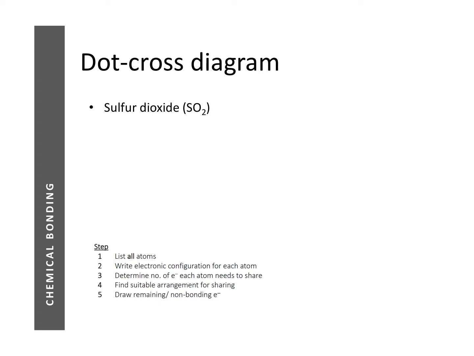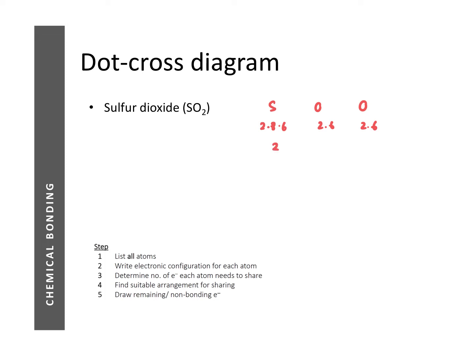Now we'll once again apply the steps that we have learned in the O-level syllabus to another molecule, SO2. This is also an example where we find that the steps that we have learned no longer serve us. It doesn't work for this molecule. So step number 1, we write down all the atoms in the substance. Step number 2, we write down the electronic configuration for each atom. And step number 3, we need to write down the number of electrons each atom needs to share.